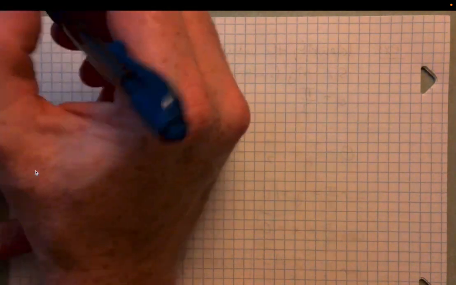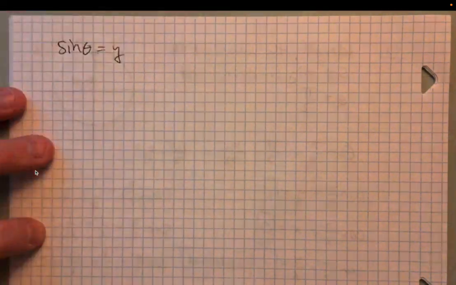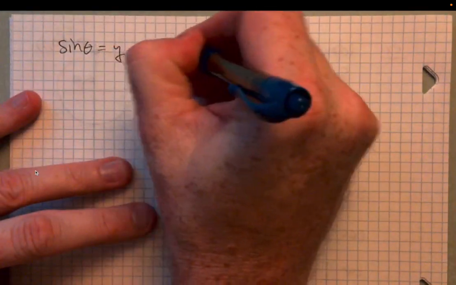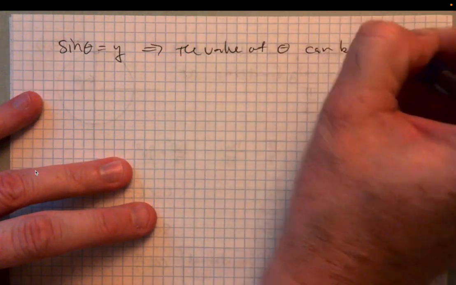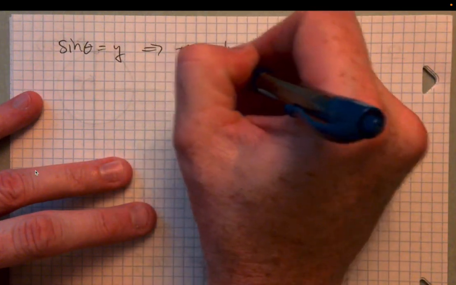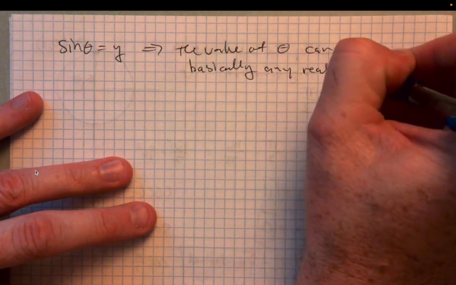Let's talk about sine and cosine in particular. If sine of theta is equal to y, as we saw, we can see that the value of theta can be basically anything, basically any real number.